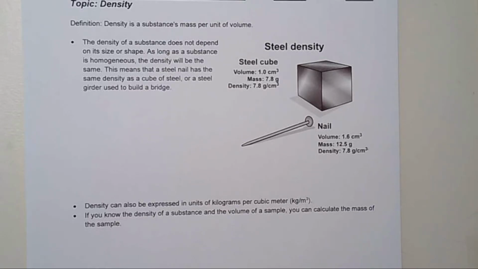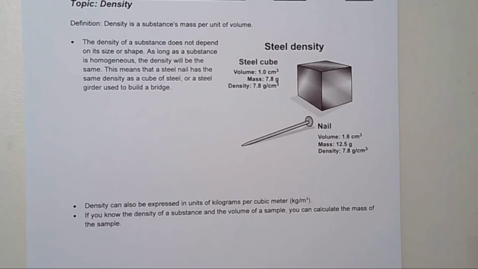If we have 1 centimeter length, 1 centimeter width, and 1 centimeter depth, calculating the volume, the density would be 7.8 grams per cubic centimeter. And if it's a small piece of nail where the volume is 1.6 cubic centimeters, while the mass is 12.5 grams, it will also come up with a density of 7.8 grams per cubic centimeter.